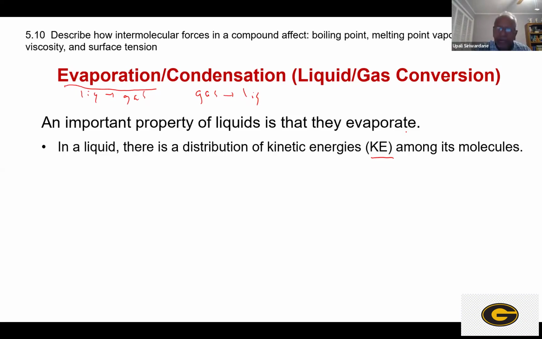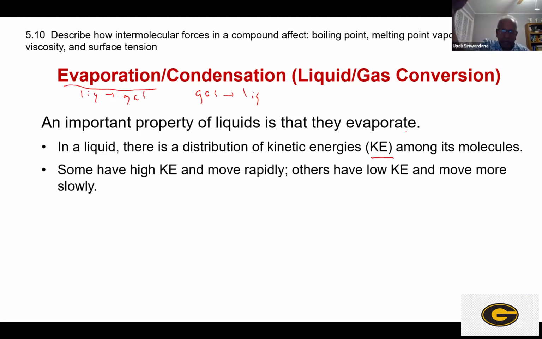Temperature means kinetic energy. That allows liquid particles to escape out of the liquid state to the gaseous state. The higher the kinetic energy, the more rapid the evaporation; low kinetic energy means slow evaporation.